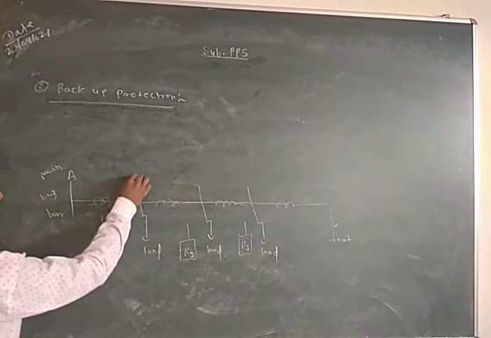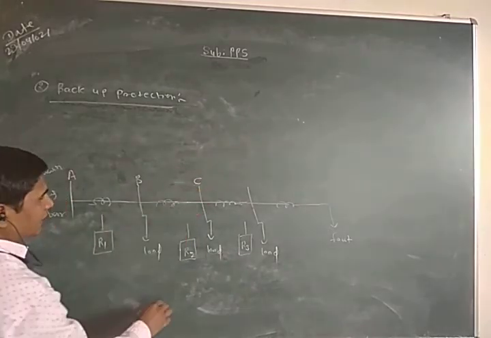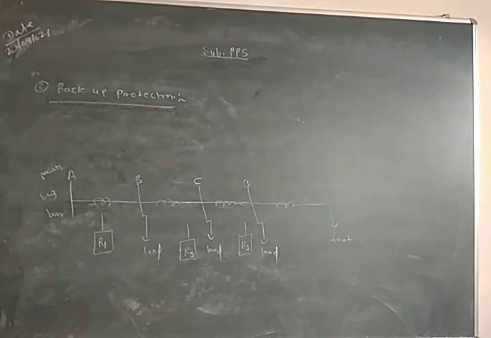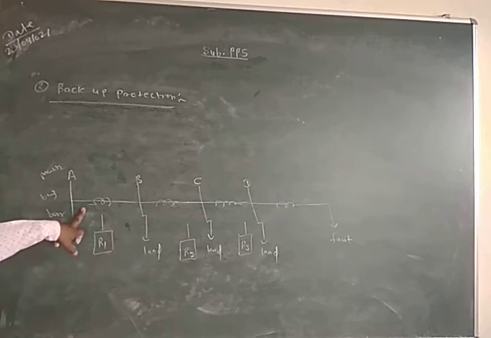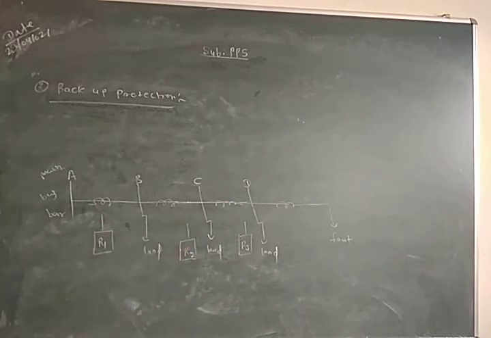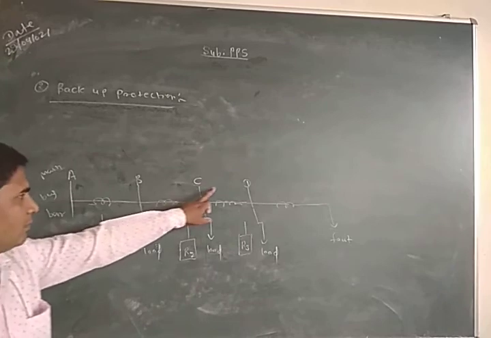Now we understand the operation of secondary protection. So here we divide our entire power system into several zones of protection, that is part A, part B, part C, and part D.